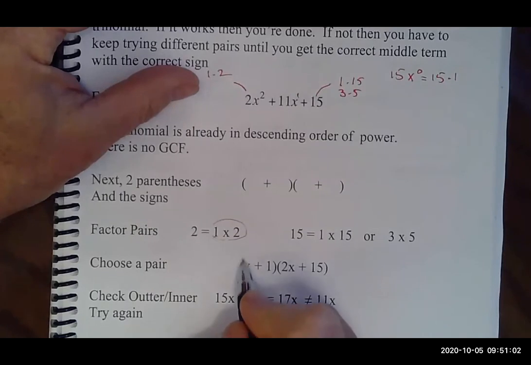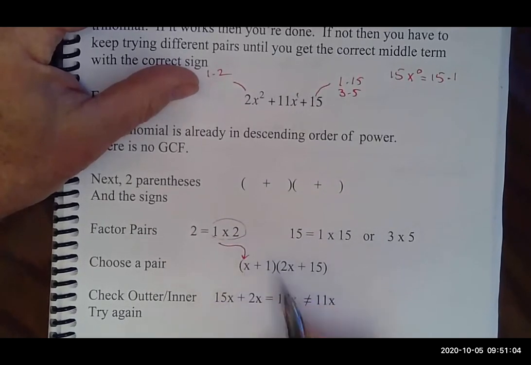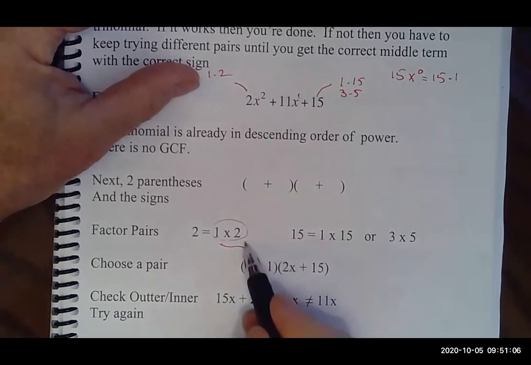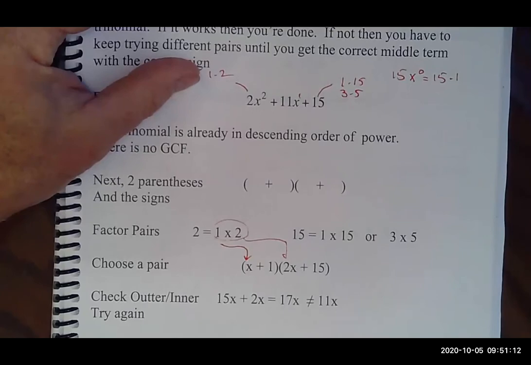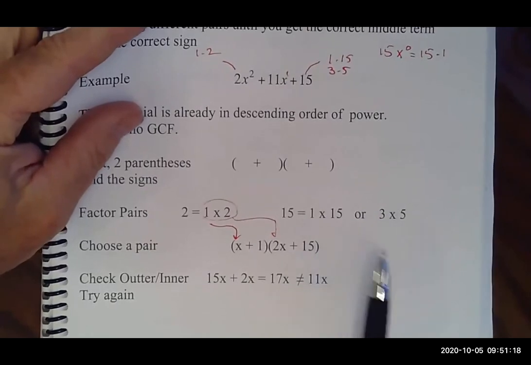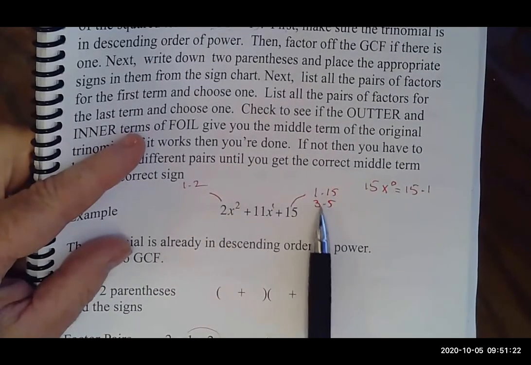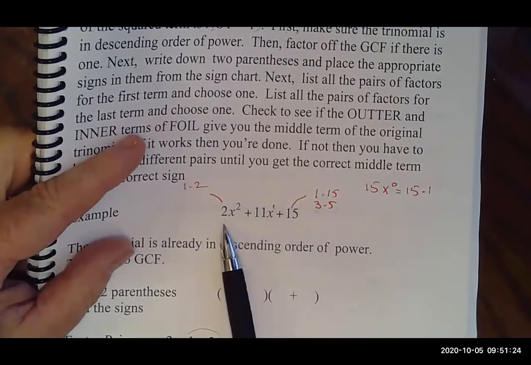So there you put a 1 right here. There's a 1 right there in front of the x. And there's a 2 right there. So stick them in there. And you choose something. Well, what do I mean choose? Here in the easy ones, you pick the pair that gave you the middle term, right? No, you can't do that when there's a 2 out here.